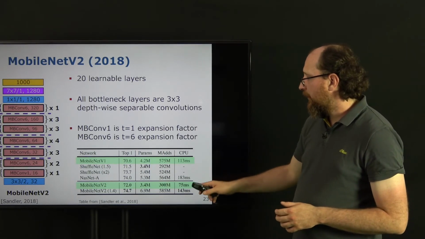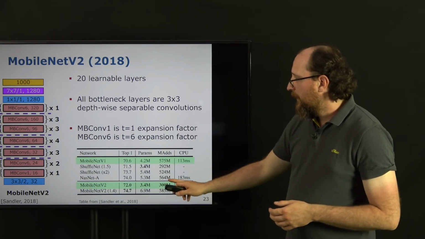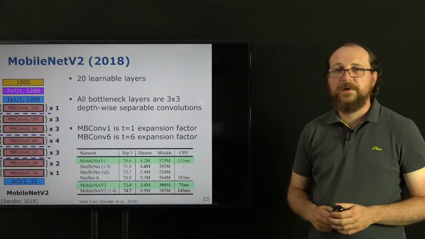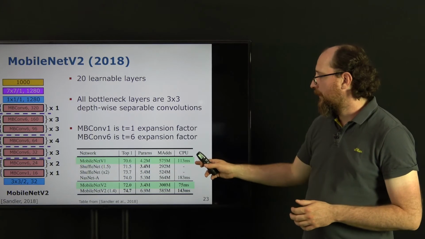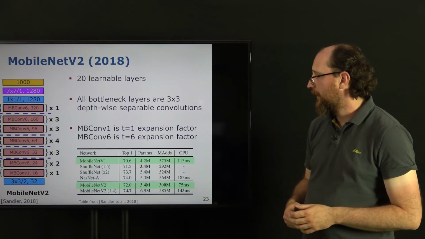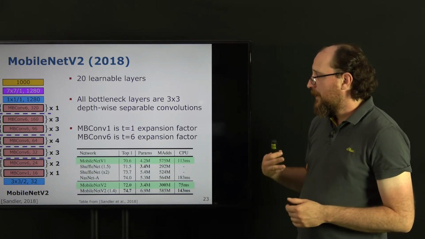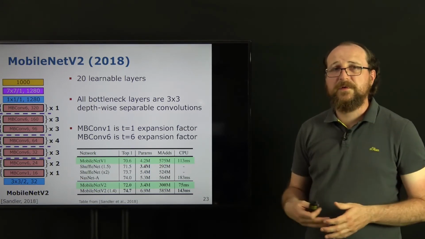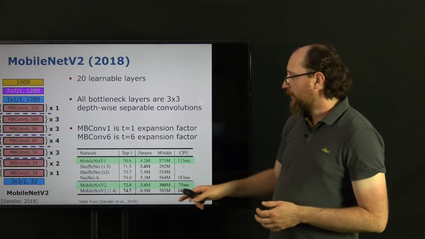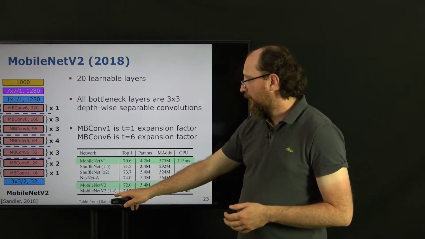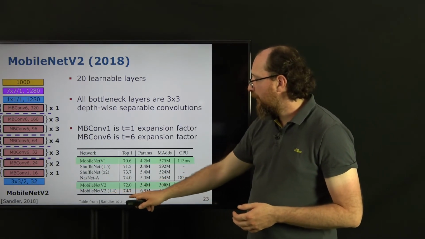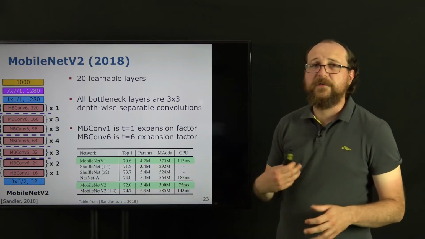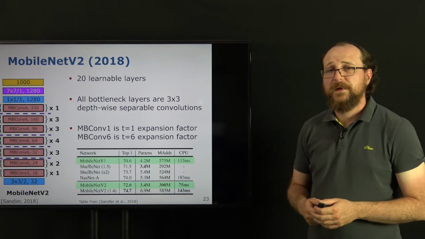And because of the reduced number of operations, this also leads to faster execution time on CPU, from 113 milliseconds to 75 milliseconds. And what you can now do is again increase the number of channels. So by a factor of 1.4, we can increase the performance here, but of course then have the downside that we are also spending more parameters in the end.